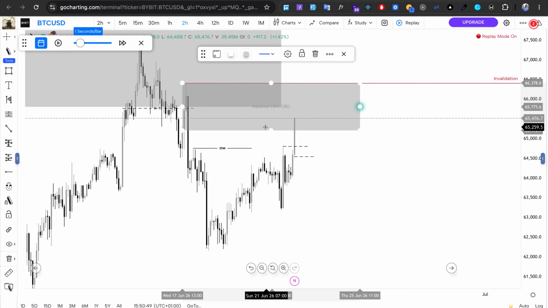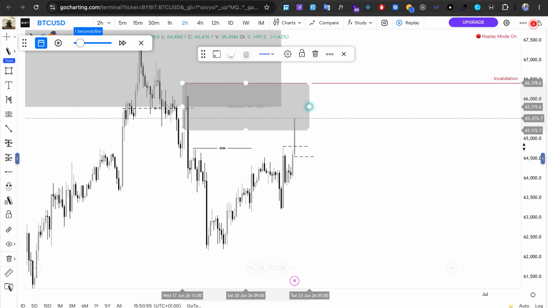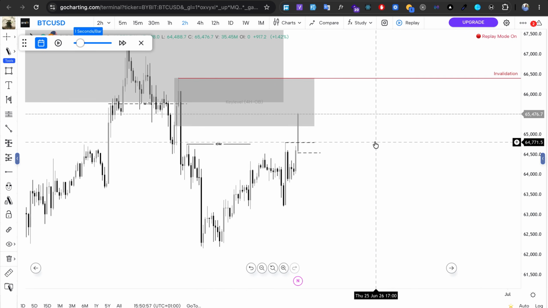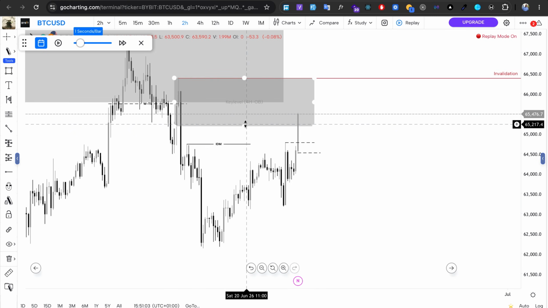Okay, price has gotten to our POI, right? Our key level. So when price gets to this POI, we are in the 2 hour time frame.